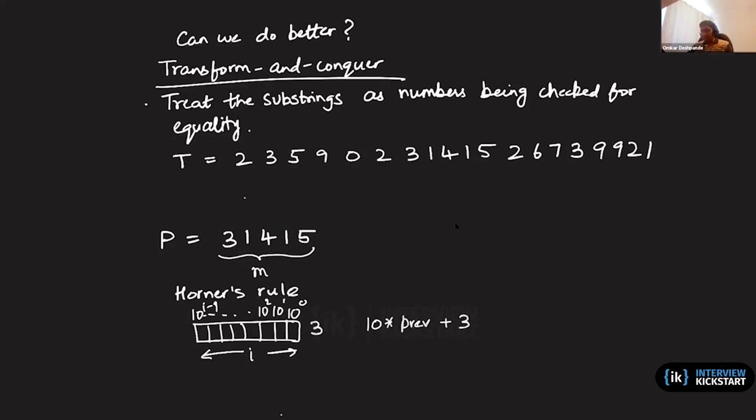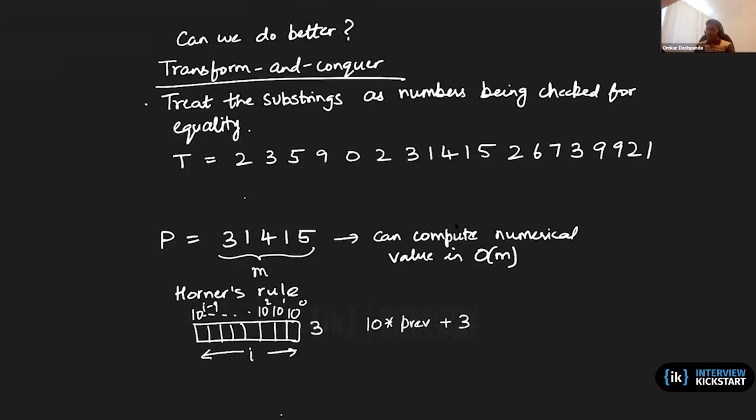So that means for p, we can compute the numerical value in order m time. What about the numerical value of t, or really a substring of t of length m?